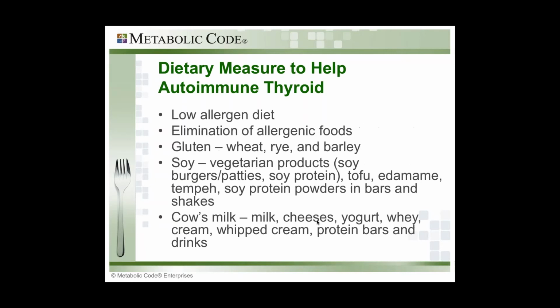So for autoimmune thyroid, a low allergen diet is critical, and elimination of the common, highly allergenic foods. What a lot of people don't understand is that what makes a food an allergenic food is the structure of the proteins in the food. Some foods have a lot of allergenic proteins, and food scientists know them.